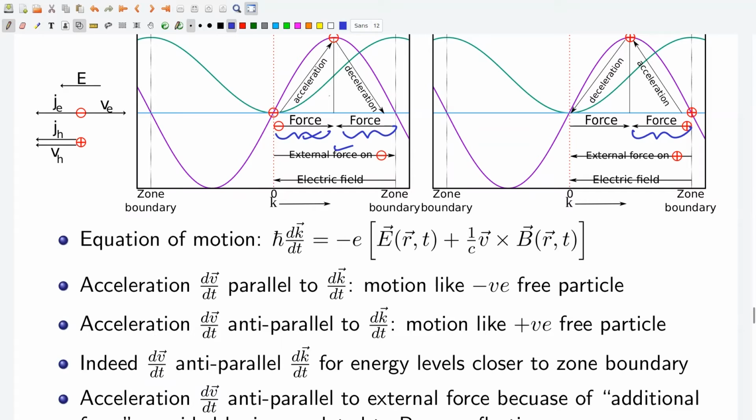Thus, instead of deceleration of electrons, we can equivalently represent this as acceleration of positively charged holes. Whether we prefer an electron description or hole description depends on our convenience.